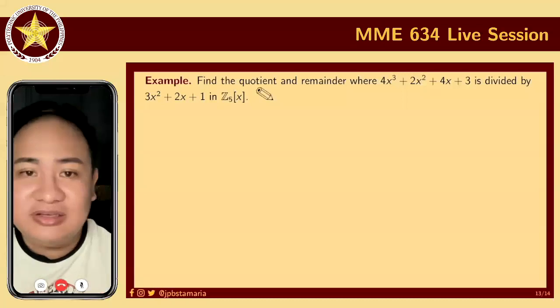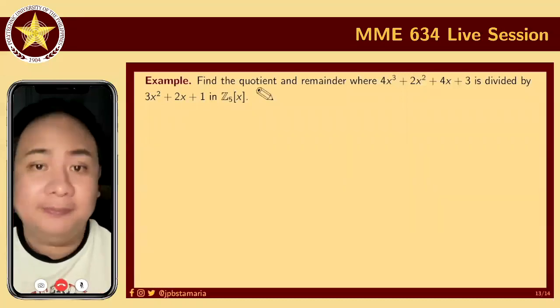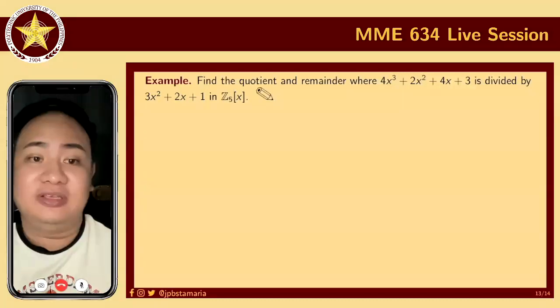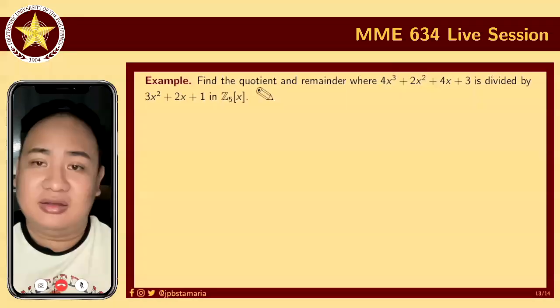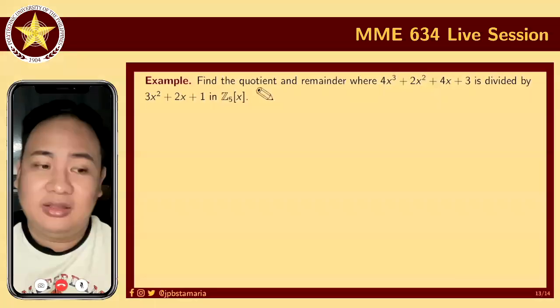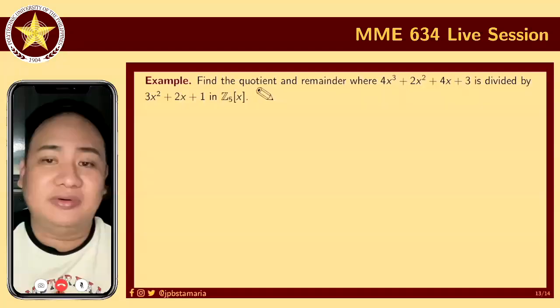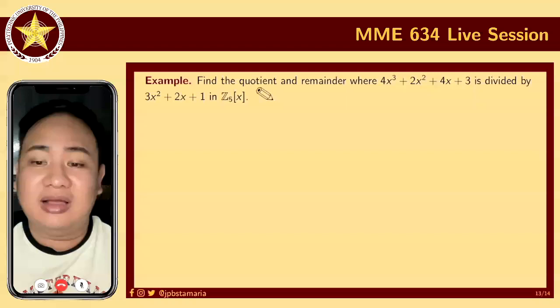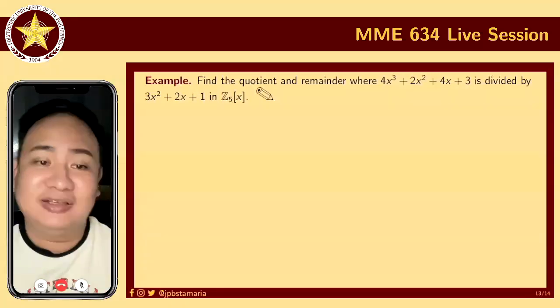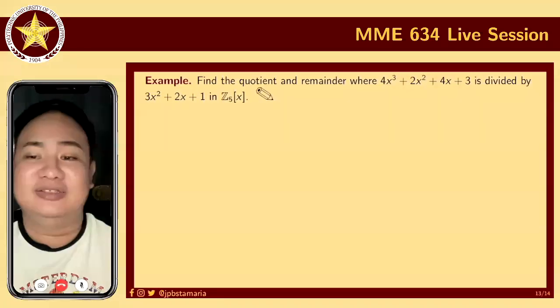Remember, because 5 is prime, Z5 will be a field. So, therefore, applicable yung division algorithm doon sa case na ito. And also, kaya tinawag na division algorithm for your information, sabi ko nga, kasi yung proof nang galing dun sa algorithm kung paano natin kinukuha yung quotient at saka yung remainder. Okay?